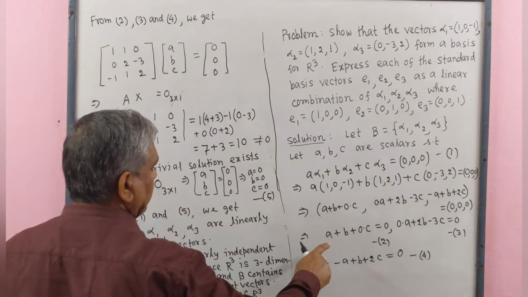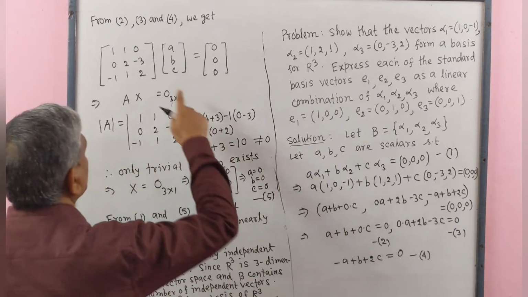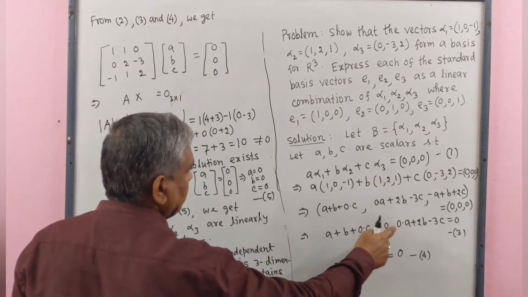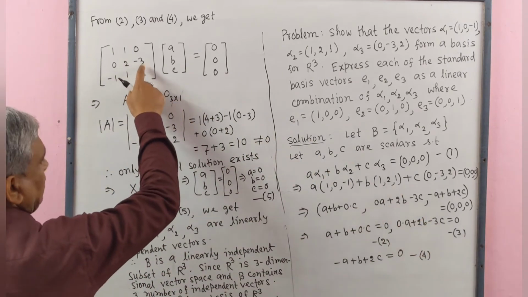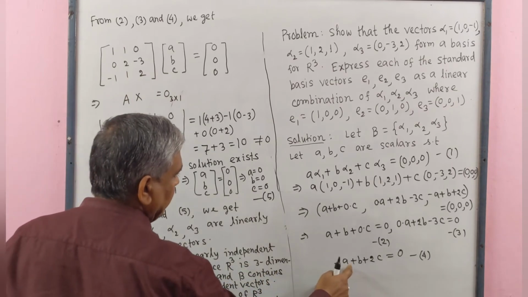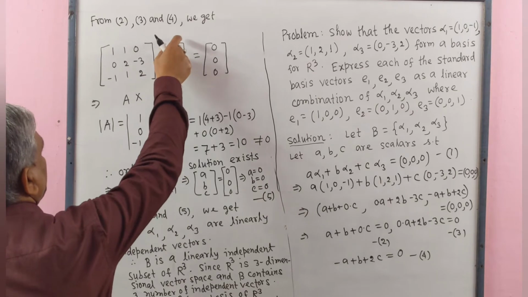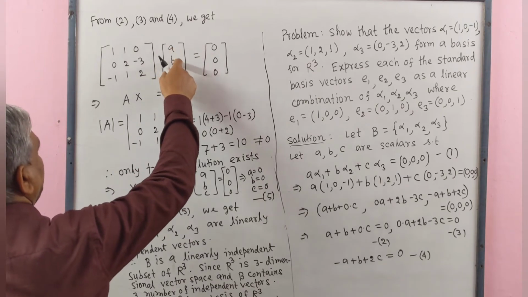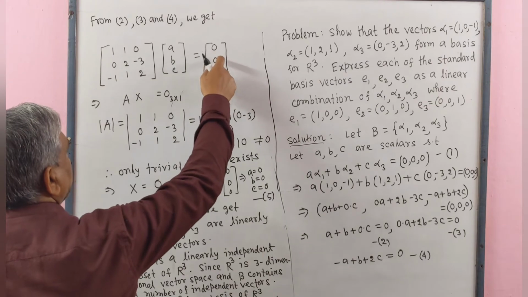contained in the first row 1, 1, 0. In the second row 0, 2, minus 3. In the third row minus 1, 1, 2. And a column matrix containing a, b, c, equal to the column matrix containing 0, 0, 0.